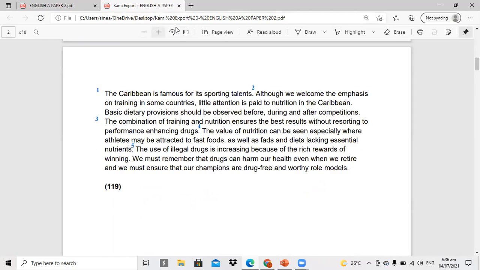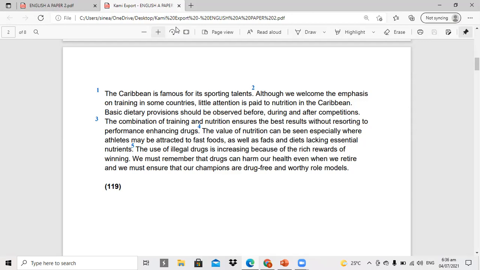The Caribbean is famous for its sporting talents. Although we welcome the emphasis on training in some countries, little attention is paid to nutrition in the Caribbean. Basic dietary provision should be observed before, during and after competition. The combination of training and nutrition ensures the best results without resorting to performance enhancing drugs.